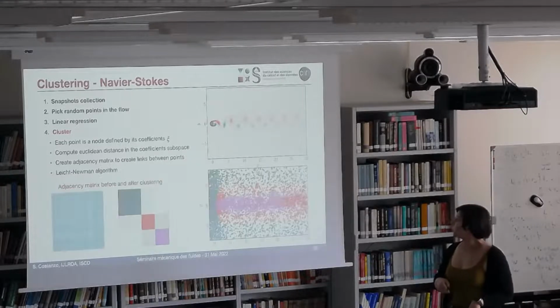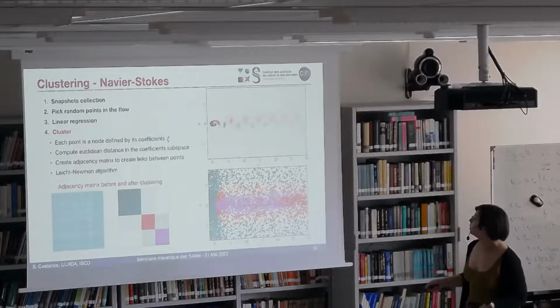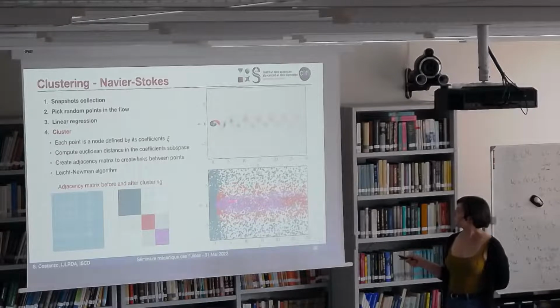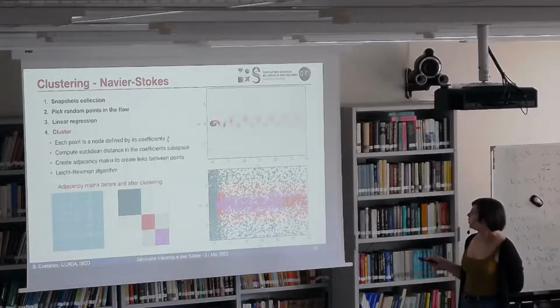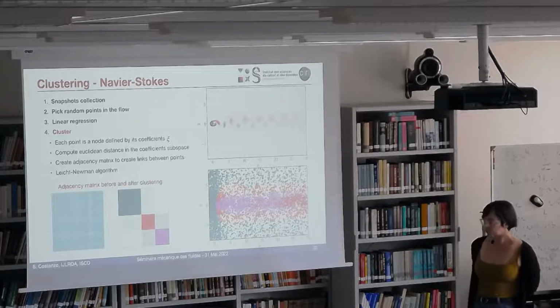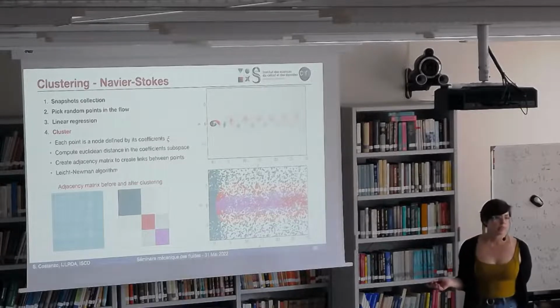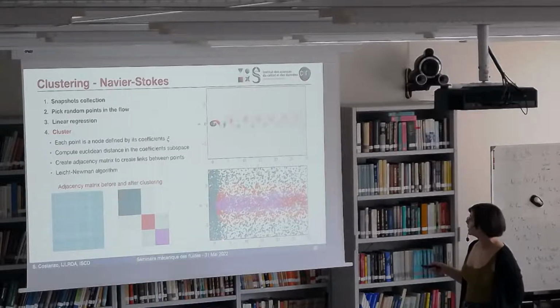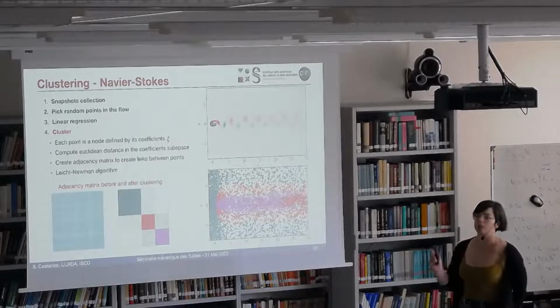And then, with the Leiden-Newman algorithm, for this flow, we can find three big clusters. So we have one cluster on the wake, one cluster for the free stream, and one intermediate cluster between the two. This was expected, but the interesting thing is that other than finding the clusters, we can also find the links we have between clusters.